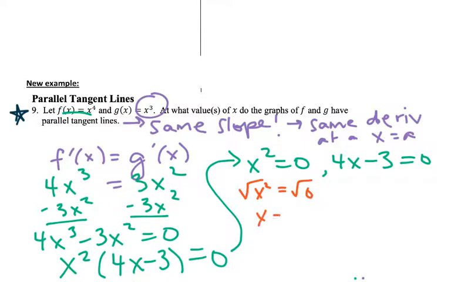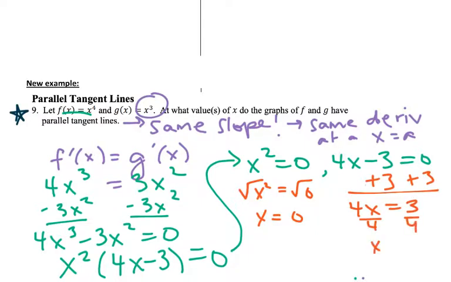That gets x alone. It's x equals 0. For 4x minus 3 equals 0, I'm going to add 3 to both sides. And I get 4x equals 3. Divide both sides by 4. You get x equals 3 over 4.